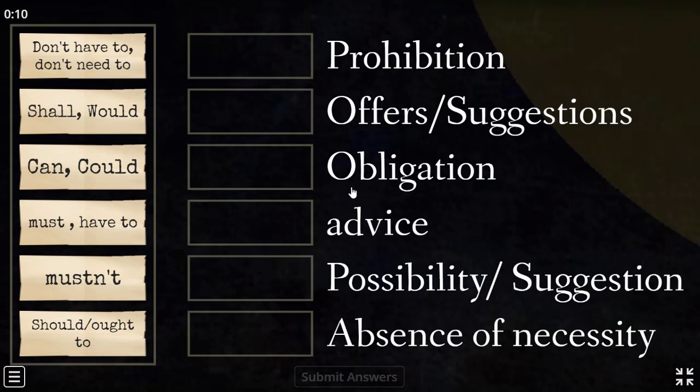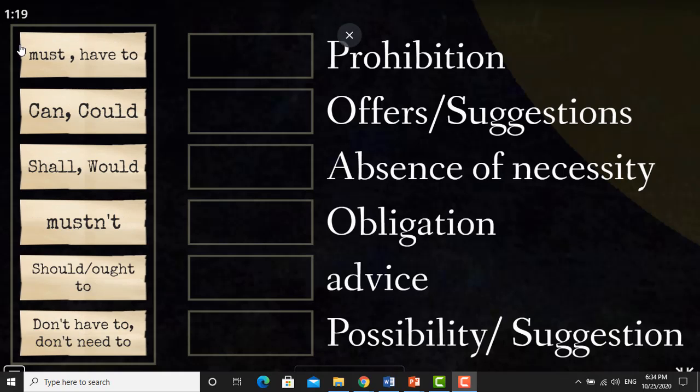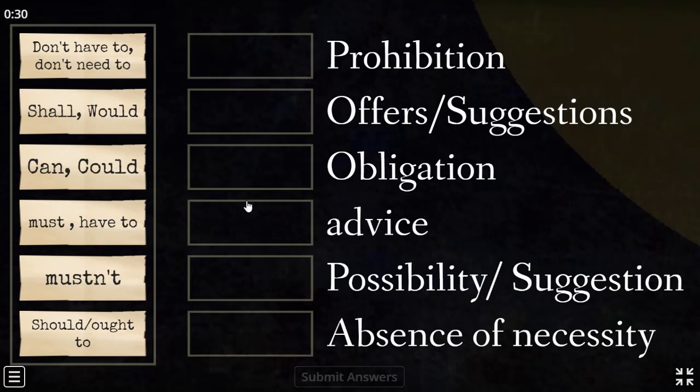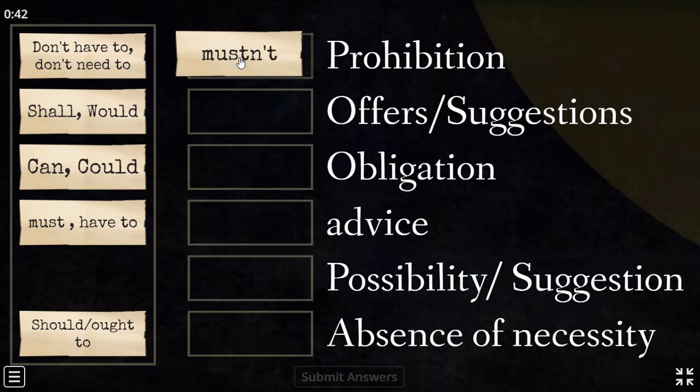Prohibition, offers and suggestions, obligation, advice, possibility and suggestion, and absence of necessity. Ali, can you tell me which modals express each of these functions? Which one expresses prohibition and tells you to not do something? Don't have to? No? Mustn't?